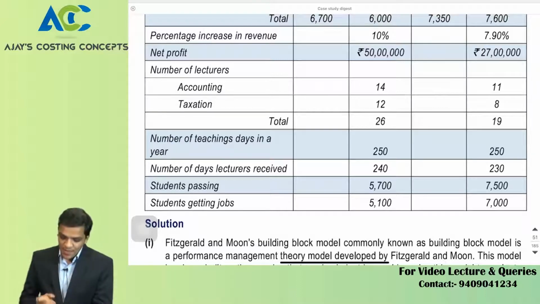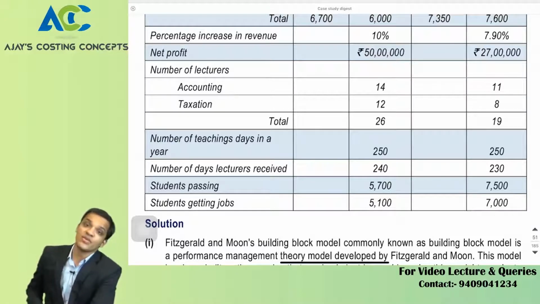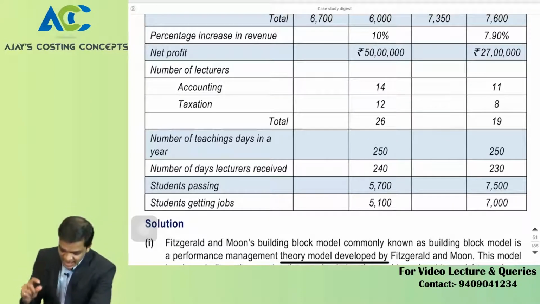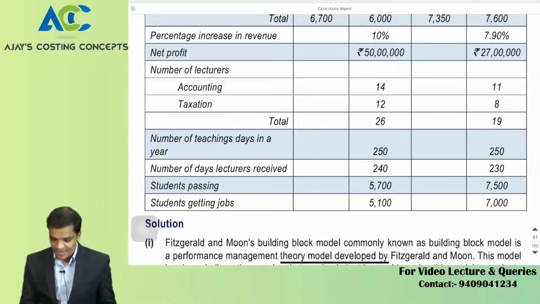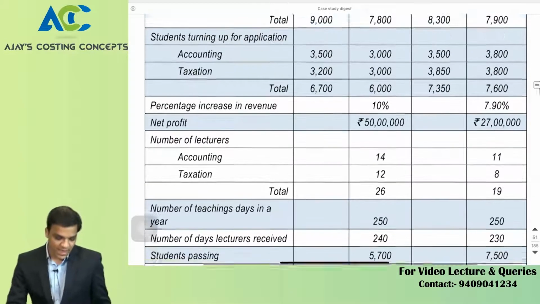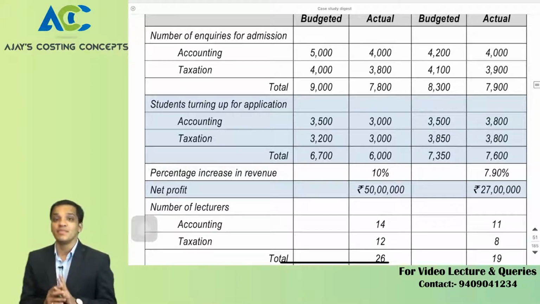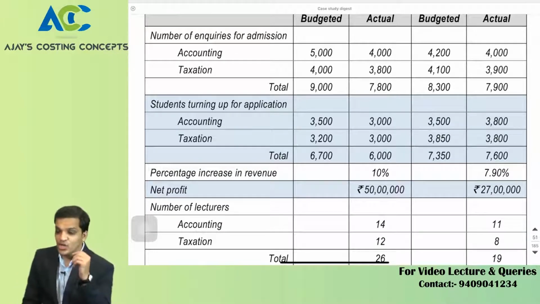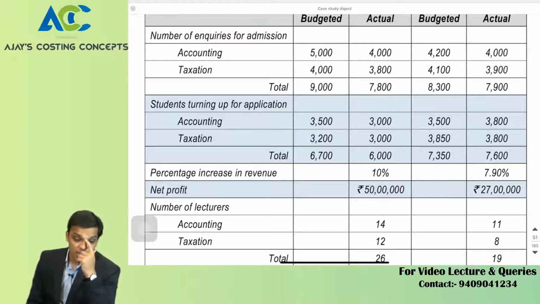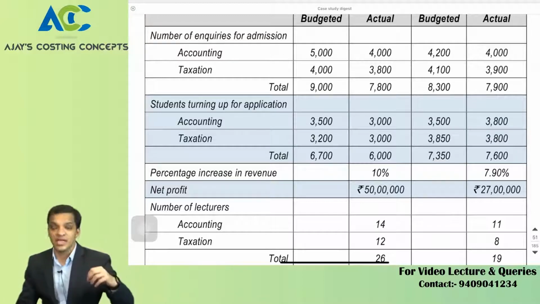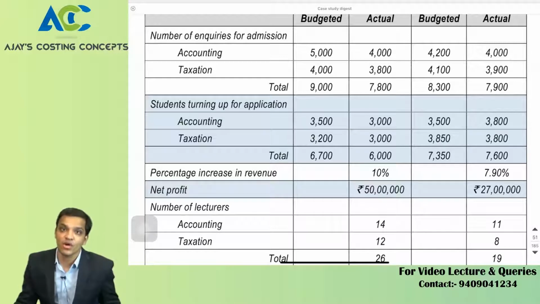So the performance of HCI when it comes to students passing is higher. Students getting jobs: 7,000 students out of 7,500. If you calculate the percentage, it is higher for HCI, as well as the percentage increase in revenue. And on inquiries and admissions, whenever you talk about colleges, the more inquiries convert into admissions, the better the quality, flexibility, and resource utilization the college has been doing.